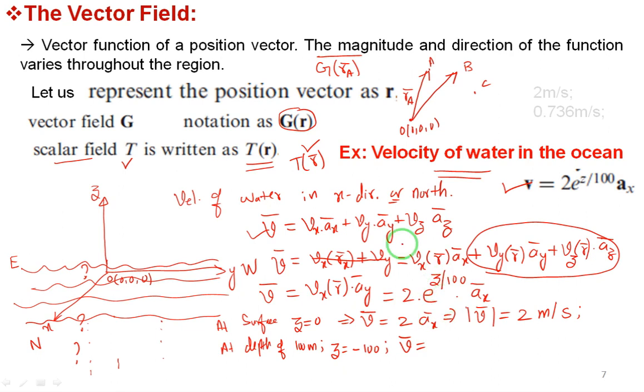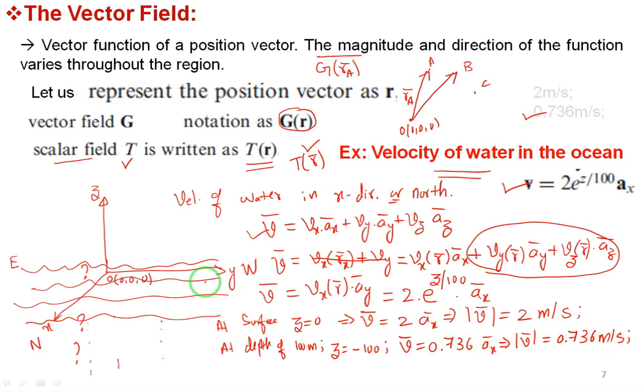If you calculate, you will get 0.736 into Ax. The magnitude of the velocity vector is 0.736 meters per second.